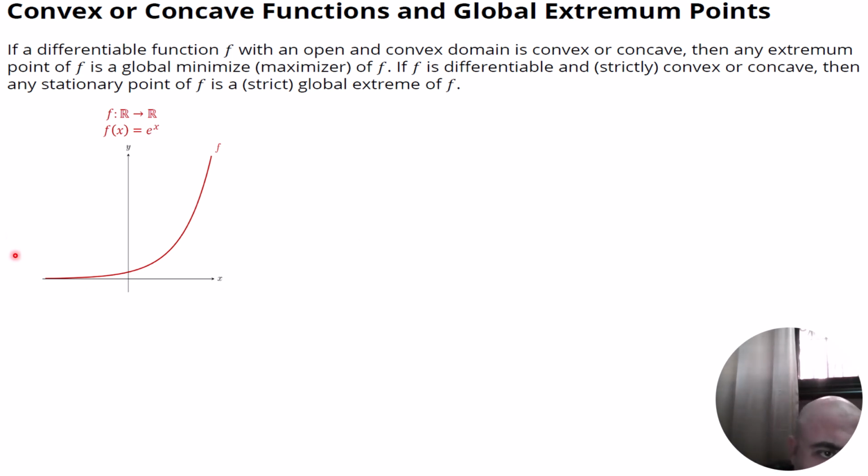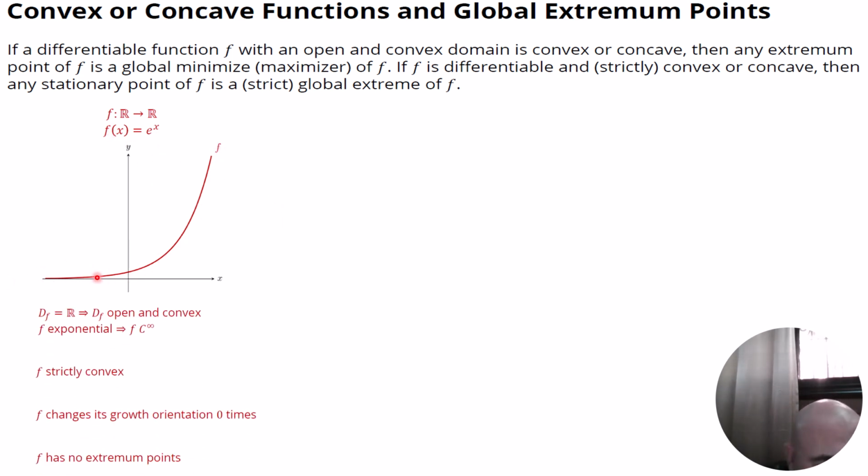So for this function, for example, y equals e to the power x, which is increasing on the open domain, is strictly convex. If it changes its growth orientation 0 times, it has no extremum. This function has no extremum. It does not change the convexity of the curve from negative infinity to positive infinity.